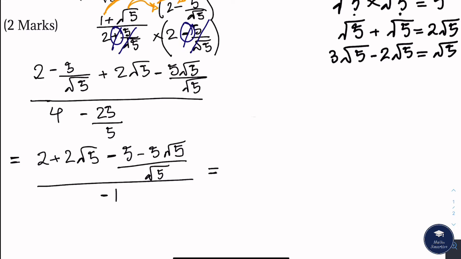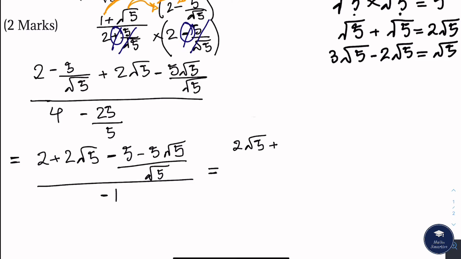This is a fraction, this is a fraction, so what do we need to do? We need to multiply this by square root 5. Don't forget to do the same for the numerator. We don't have space, so let's do it next to it. So 2 times square root 5 is 2 square root 5.